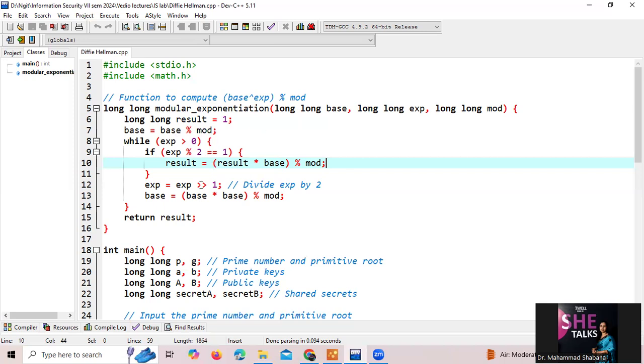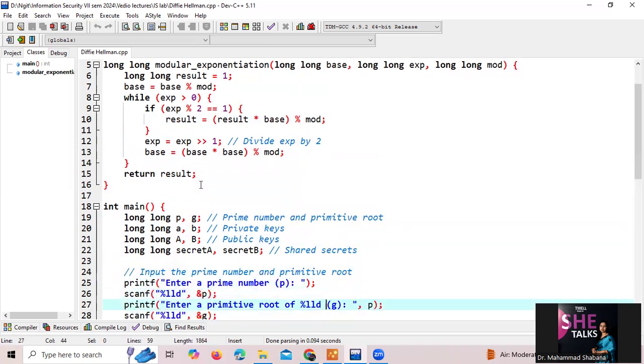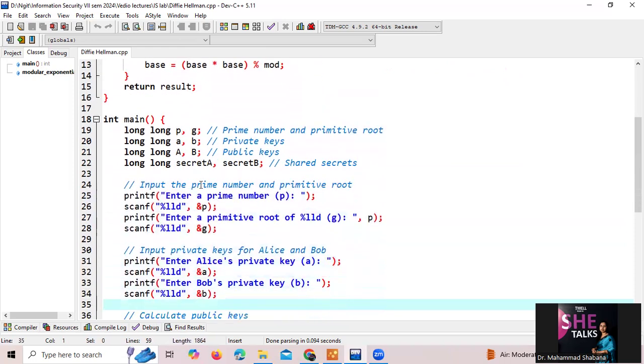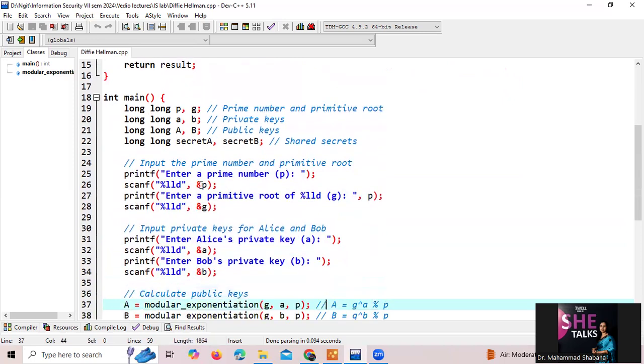Coming to the input parameters we are taking here. This is our main function. We are defining the prime number and primitive root, private keys and public keys, and shared secrets. First, we take P as a prime number, which is used to generate keys.